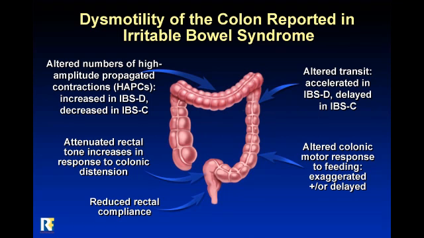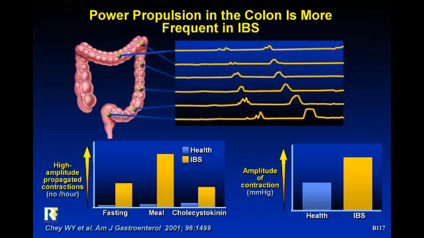This is just a study actually from Bill Chey's father showing the power propulsion in the colon, that it's altered in patients with IBS, particularly the diarrhea type. So as you know, there's a gastrocolonic response: you distend the stomach and it sends a visceral reflex to the distal colon, and it stimulates the colon to move, and that's why we go to the bathroom after a meal. And in patients with IBS, particularly the diarrhea type, that's very exaggerated.